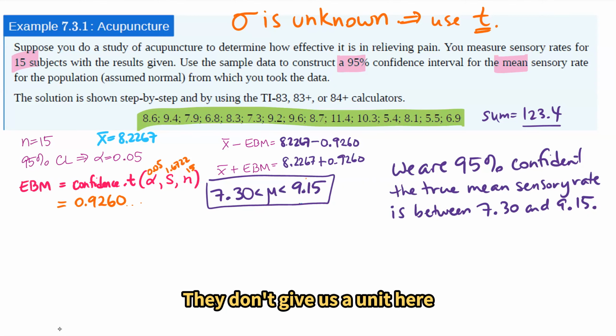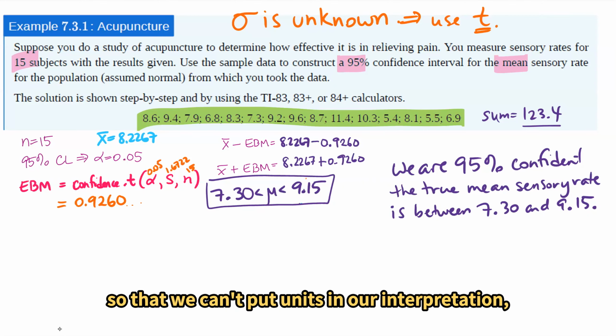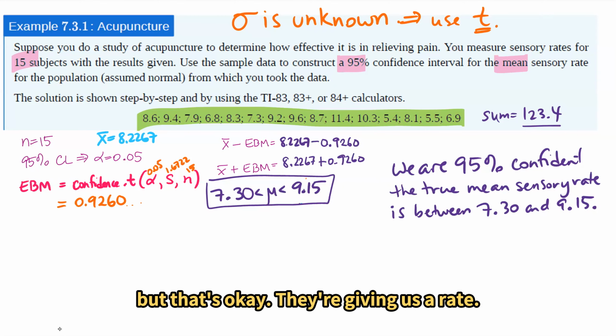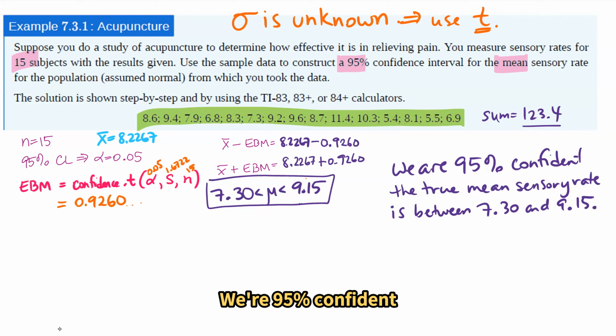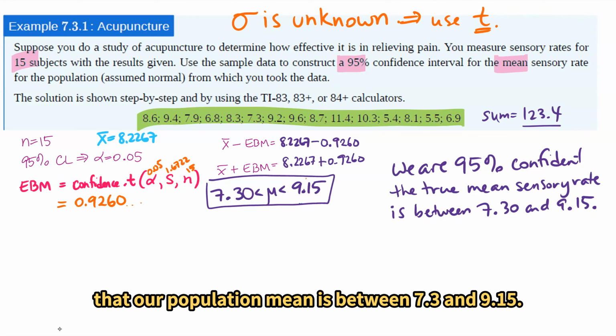They don't give us a unit here so that we can't put units in our interpretation, but that's okay. They're giving us a rate. We're 95% confident that our population mean is between 7.3 and 9.15.